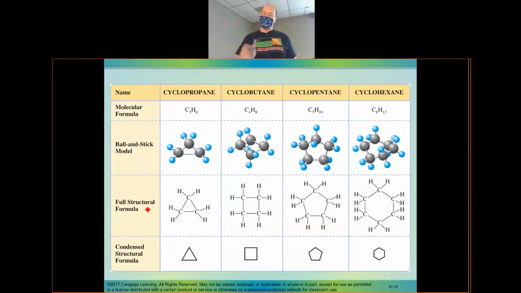You put a circle or alternating single and double bonds, and now you have benzene. So anytime you are forming a ring, a circle of carbons, your name is going to be cyclo plus the number of carbons. Everyone will write these in their condensed structural formulas for your cycloalkanes.